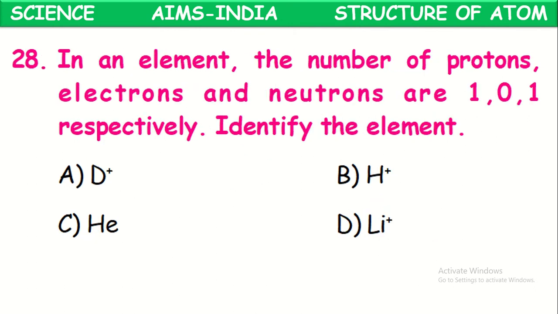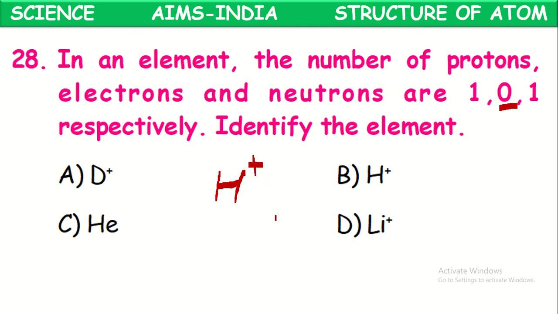Next, in an element, the number of protons, electrons, and neutrons are 1, 0, 1 respectively. Identify the element. The number of protons is 1, so that will be hydrogen. And the number of electrons is 0. Actually hydrogen has 1 electron, but here 0 electrons are mentioned, meaning it lost its electron.